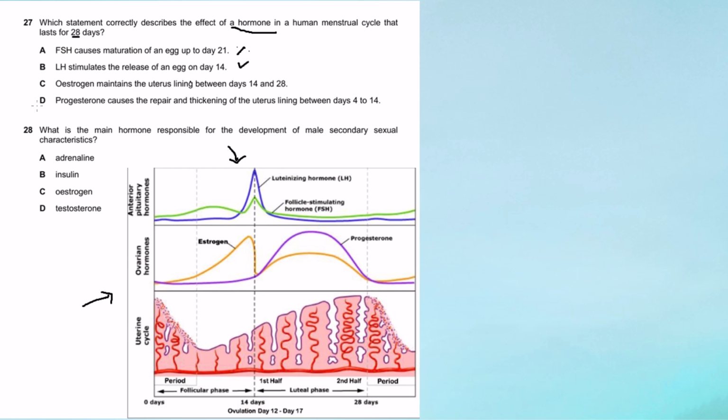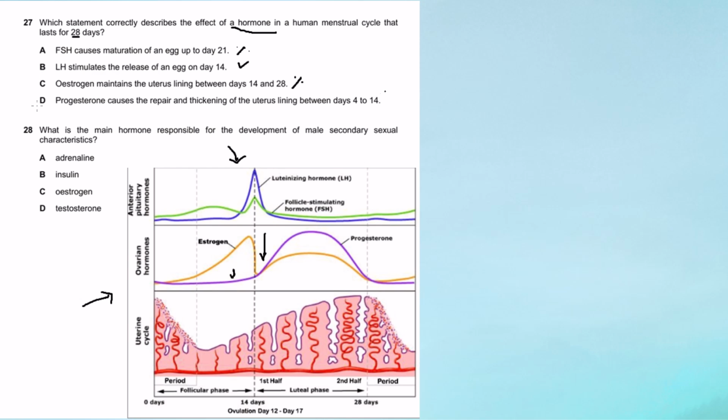Estrogen maintains the uterus lining between 14 and 28. Well, we see here between 14 and 28, we see a drop in estrogen, so that one it can't be. And progesterone causes the repair and thickening of the uterus lining between day 4 to 14. Well, from 4 to 14 here, we see that progesterone is low.